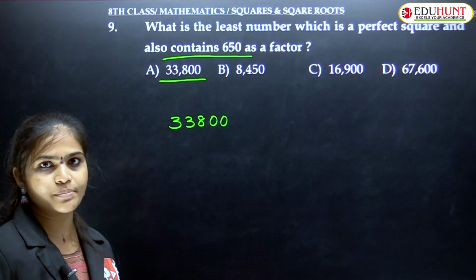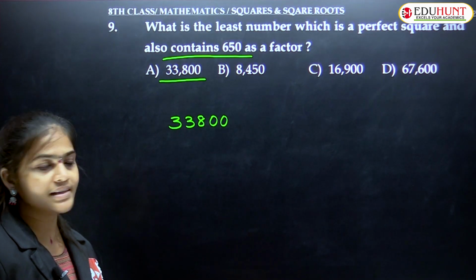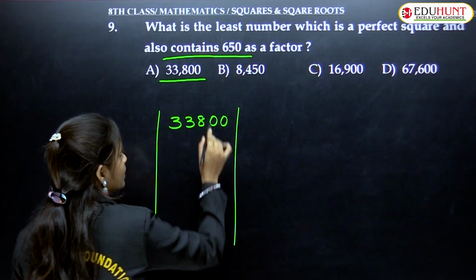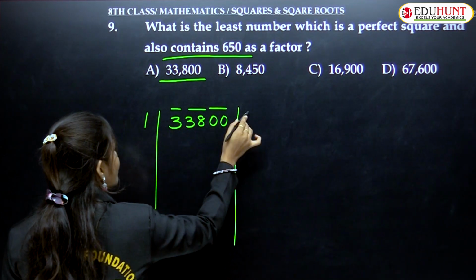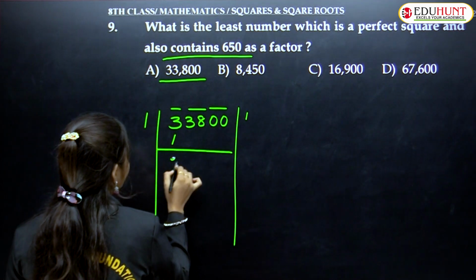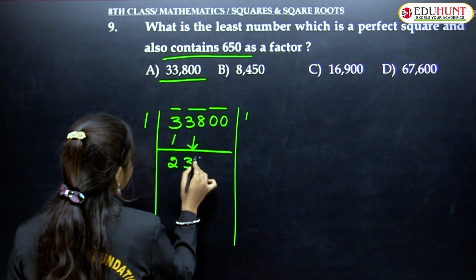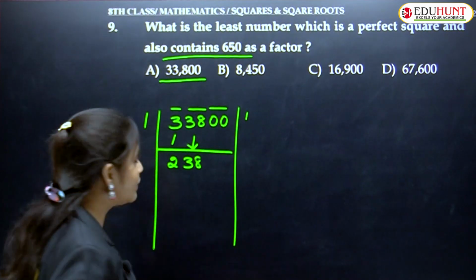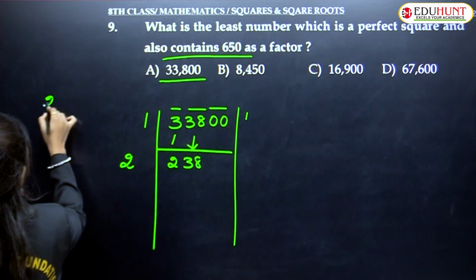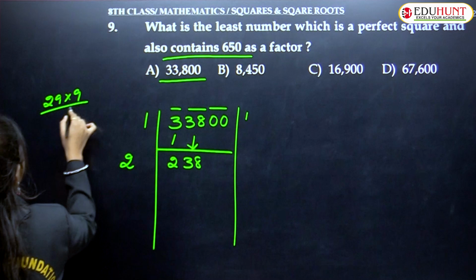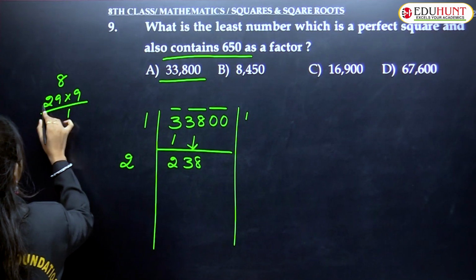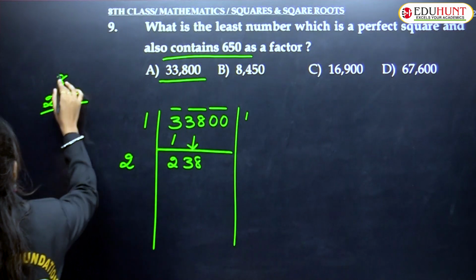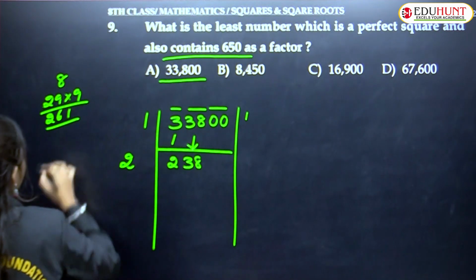33,800 is the first number. To this number, first we have to find the square root. So 1 month 1 and here 2, jot down 38. Next, double of 1 is 2, and here which number is possible? 29 into 9: 9 9s are 81, 9 2s are 18, 18 plus 8 is 26, so 261.